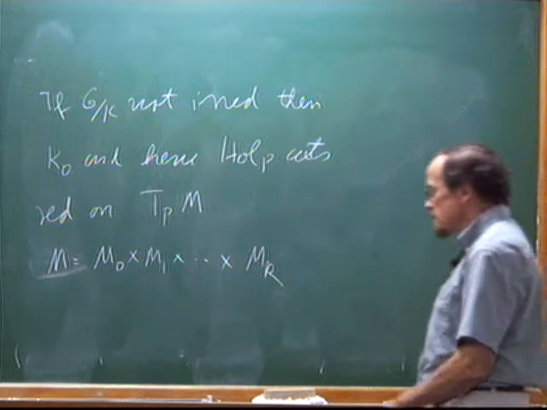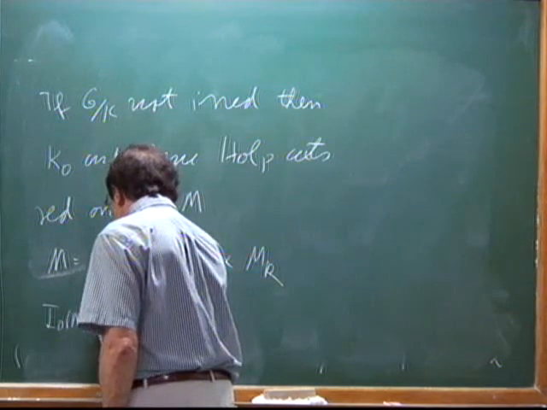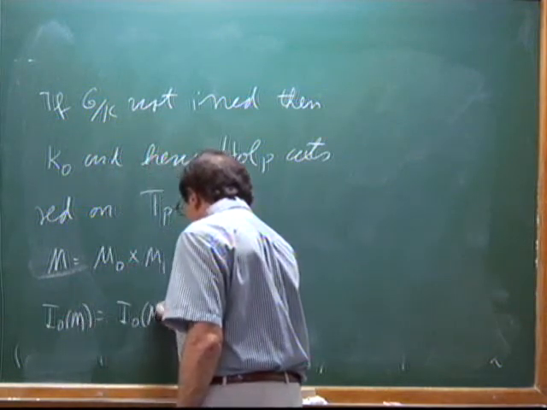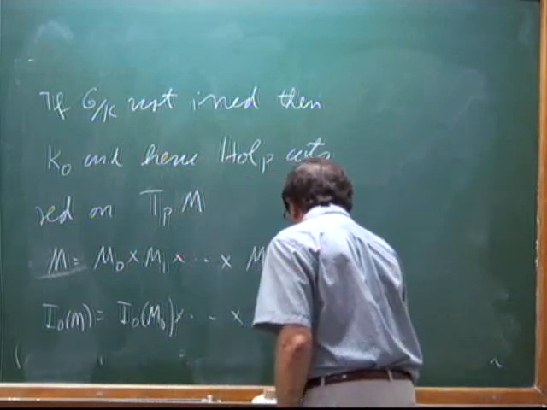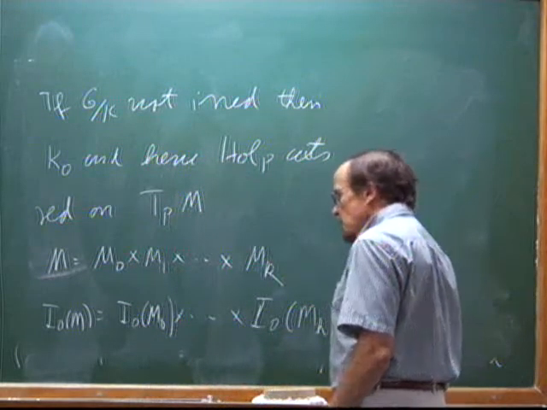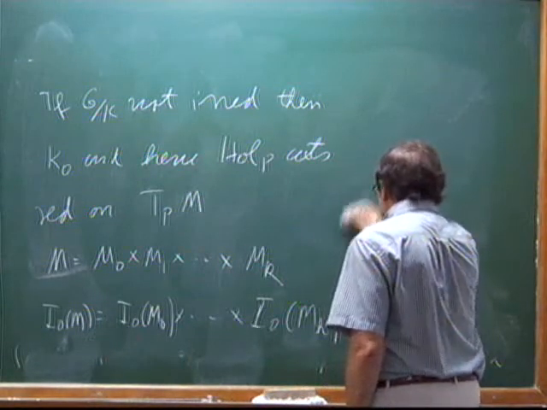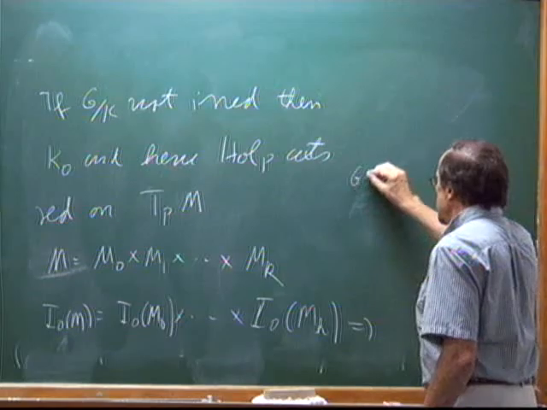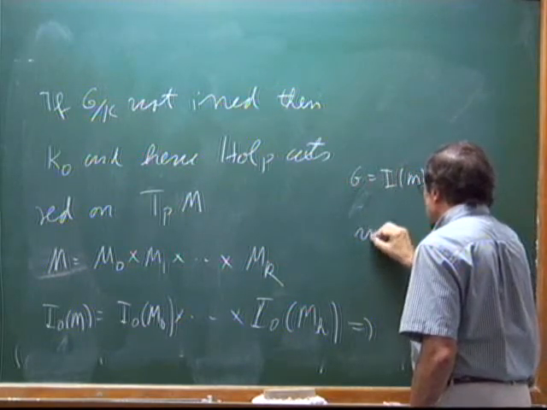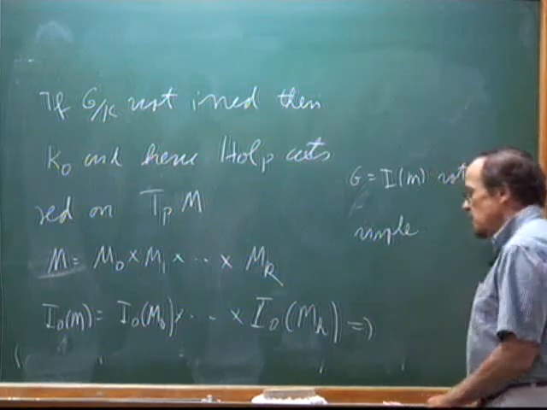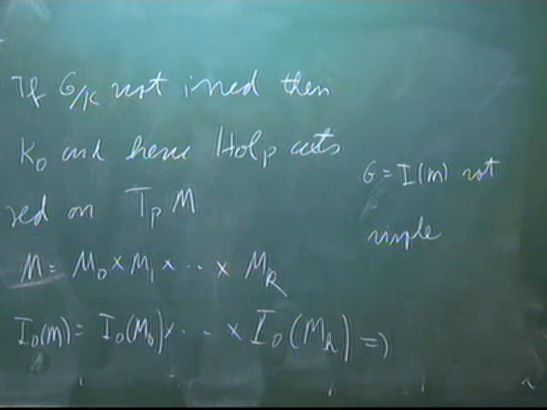If it splits, then the isometry group, remember, also splits. But of course, G was assumed to be I of M. So this implies that G equal to I of M is not simple, because the identity component splits as a non-trivial product of Lie groups.